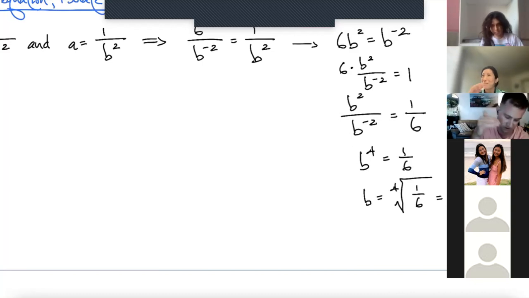Oh, I think you might be muted, so I missed what you said. I'm sorry. No, you're fine. That makes total sense. So I wrote 6b squared divided by b to the negative 2 power, and you've got to leave the 6 out of its own, separate it, and then you can write it that way too.